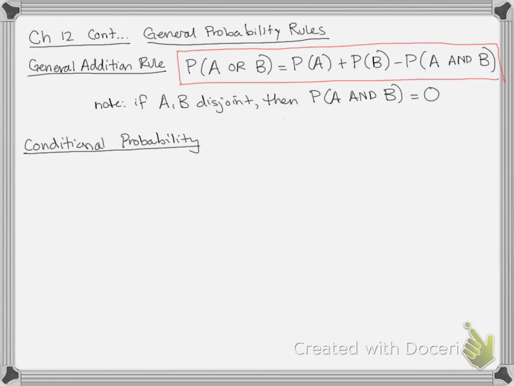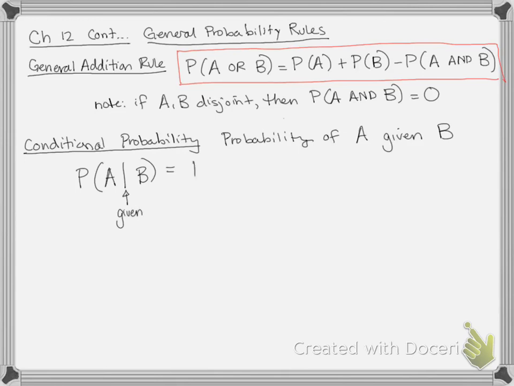So it's written in this language of the probability of A given B. So B already happened, right? So we would write that like this, A given B, where this line right here means given. And we would compute this by saying, well, we're saying that they're now both happening.